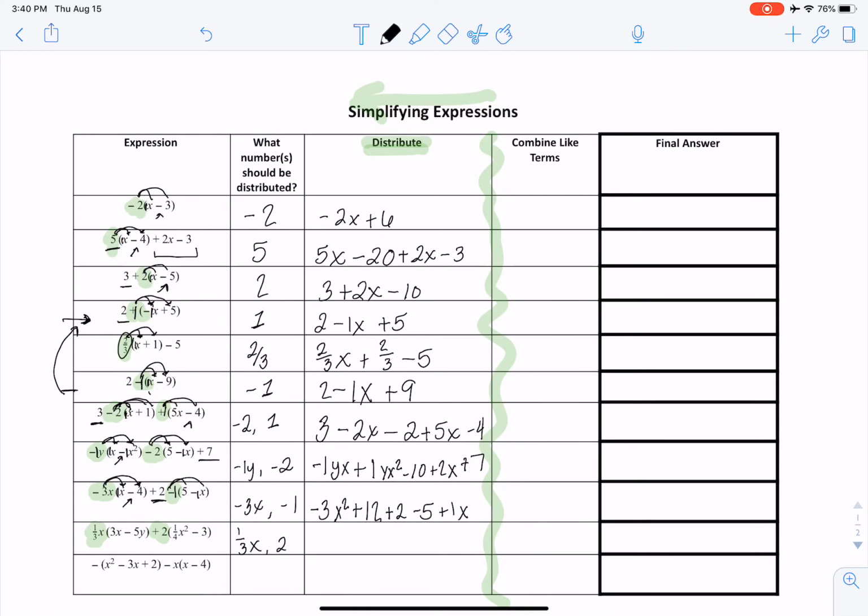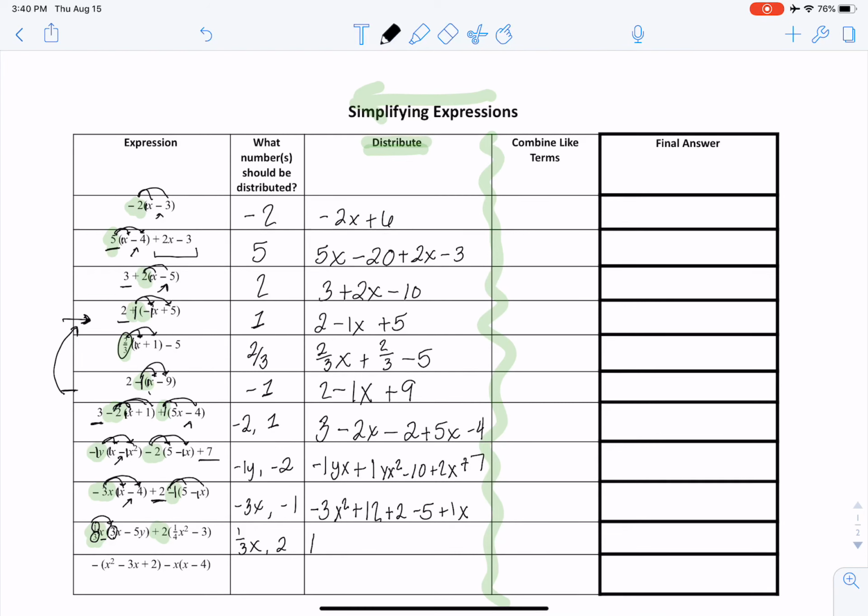All right, 1/3 x times 3x. 1/3 times 3 is the same as saying 1 times 3 divided by 3. 1 times 3 is 3, divided by 3 is 1.